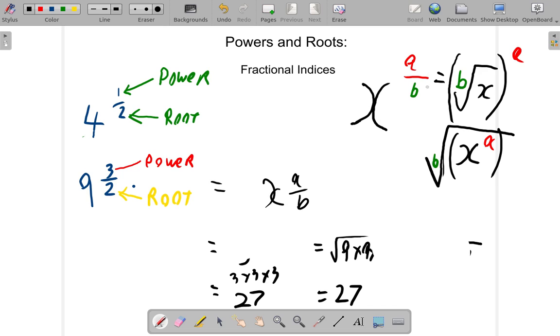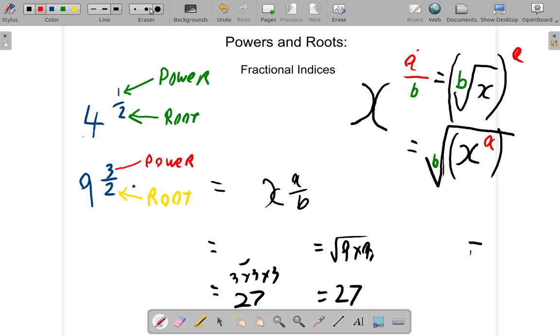Alright, so you could find the b root of x, then raise it to the power of a, or same thing if you find x to the power of a, then the b root. Well, it's easier to work with when you find the root first and then raise to the power, because you're working with smaller numbers.